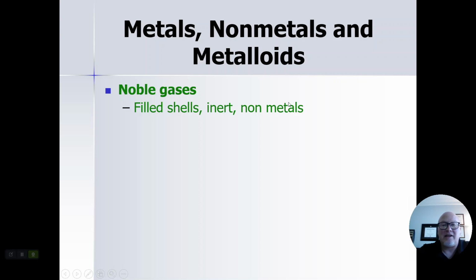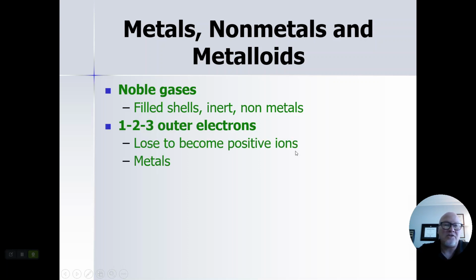Metals, nonmetals, and metalloids. I showed you this when we first looked at the periodic table. The left-hand side of your periodic table is all metals. Most elements on the periodic table are metals.